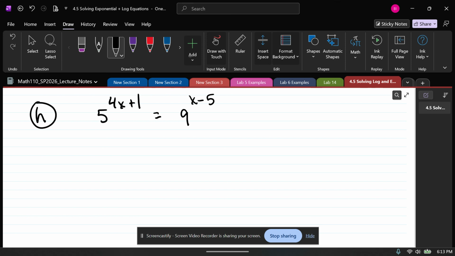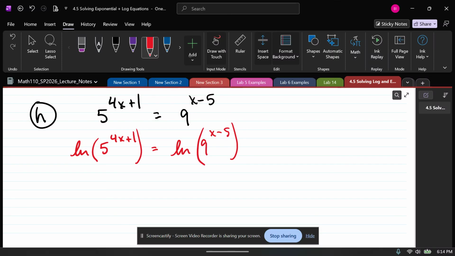So different bases that can't be rewritten. I can't write 9 as 5 squared or anything like that. So this is where I've got to do the natural logs to solve this. So I've got natural log 5 to the 4x plus 1, natural log of 9 to the x minus 5. Take the exponent, drop it down.